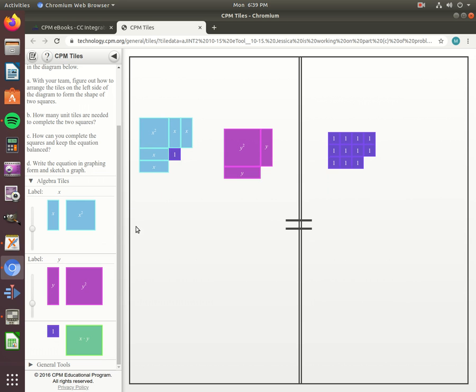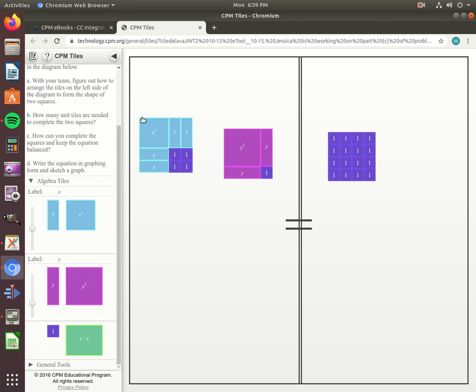Well, I need to add 4 to this side to complete the square, but if I add 4 here, I better add 4 over here as well because they're equal. And over here, I need 1 to complete the square, and again I need to add 1 over here as well.